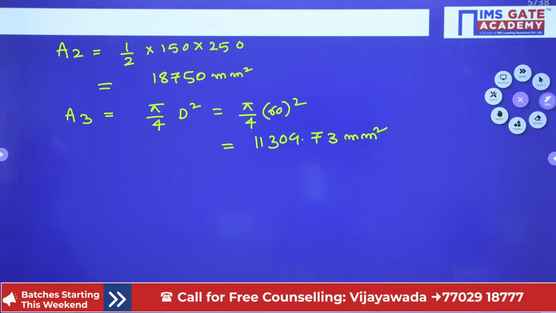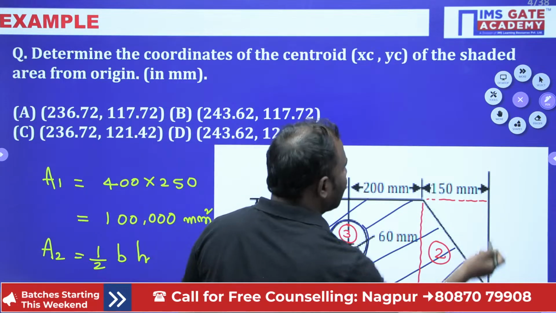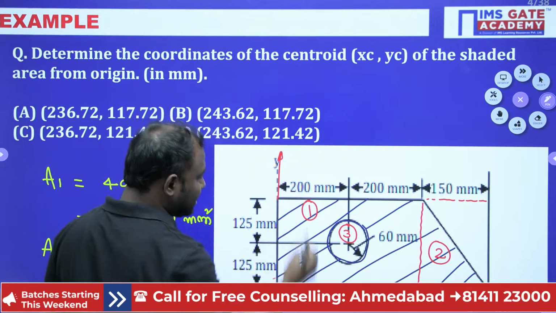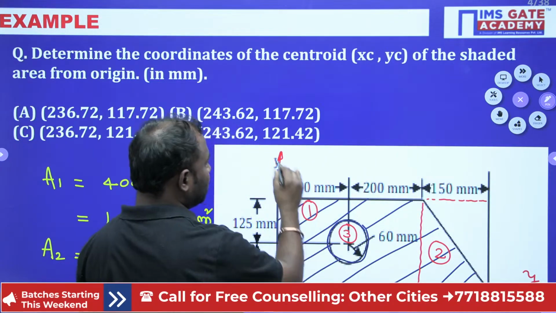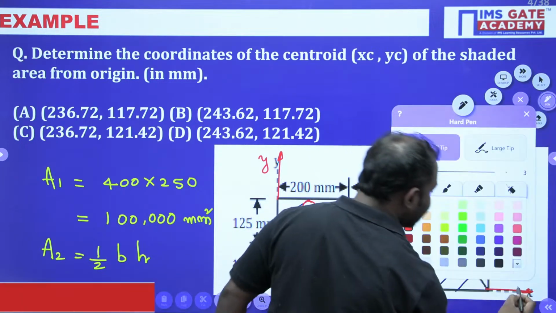Now I need to find the centroids. In the problem itself they mentioned this is x and this is y. Oh my god, this is y and this is my x.